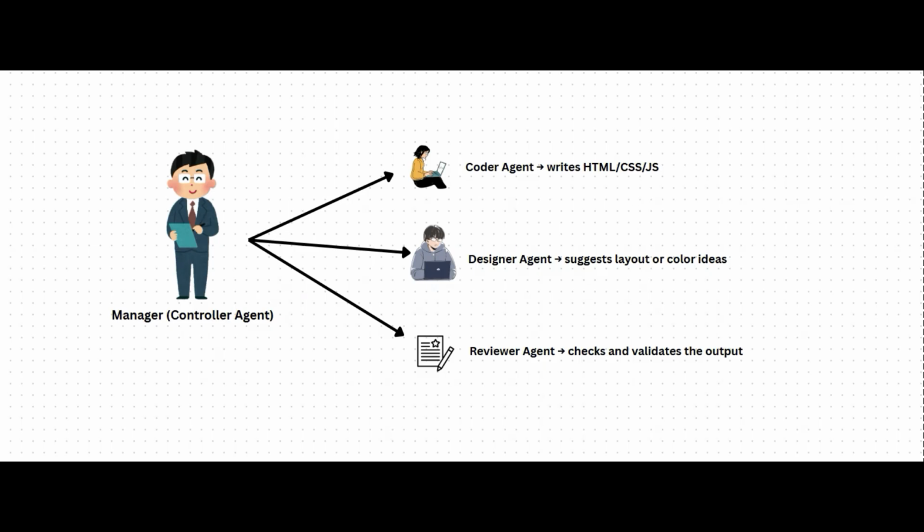This manager doesn't do all the work alone, but instead assigns specific tasks to a team of employees. Each employee has unique skills. For example, one might be great at writing code, another might be great at handling data, and someone might design the interface. Similarly in AutoGen, these employees are like AI agents and the manager is like a controller or coordinator agent that knows how to assign a task and manage communication between them.